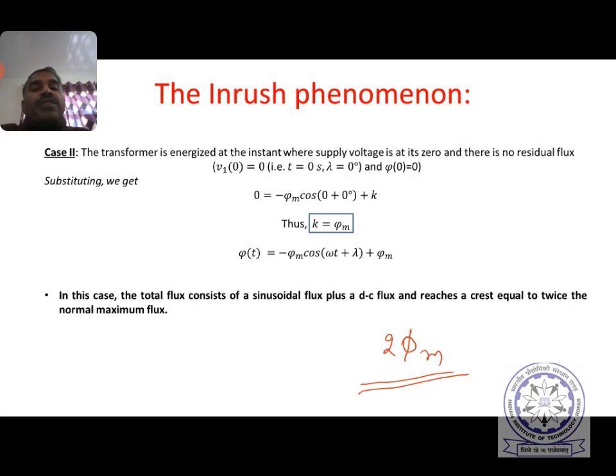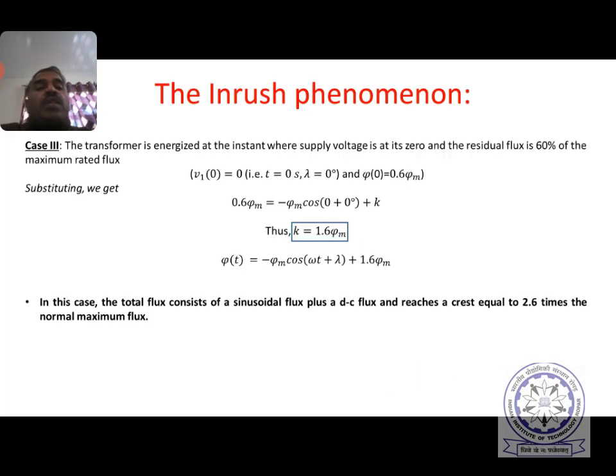And then case 3: the transformer is energized at the instant where the supply voltage is 0 and the residual flux is around 60% of the maximum rated flux. Of course it is exaggerated. So in this case, if you equate that, then phi of t is equal to phi m cos(omega t plus lambda) plus 1.6 phi m.